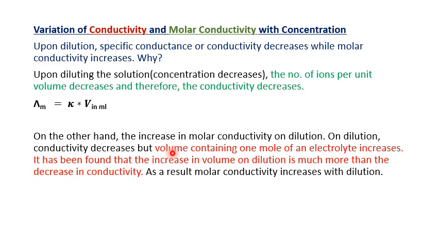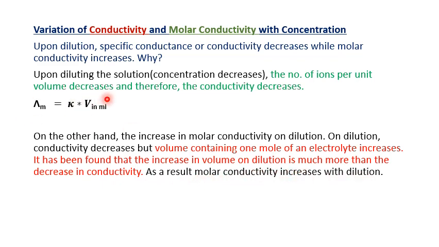The volume containing 1 mole of an electrolyte increases. It has been found that the increase in volume on dilution is much more than the decrease in conductivity. So as a result, molar conductivity increases with dilution.